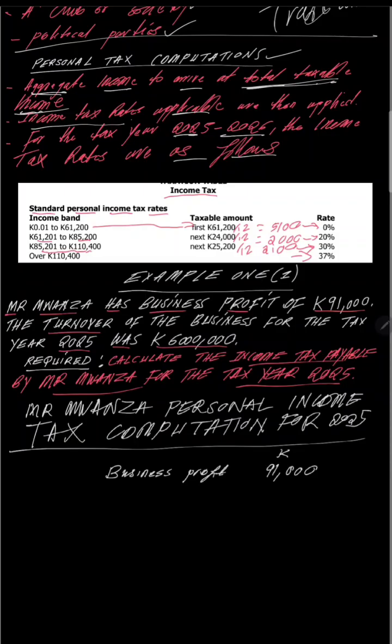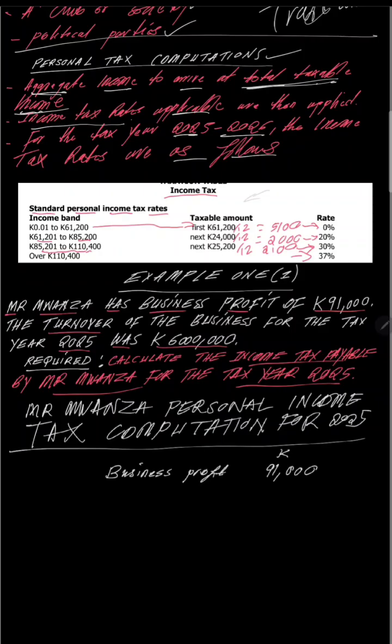Mwanza? So remember, when you're looking at personal income tax computation, you have to use these income tax bands. When computing income tax, remember that these bands are annual bands. Because they are annual bands, you need to be careful given a question.